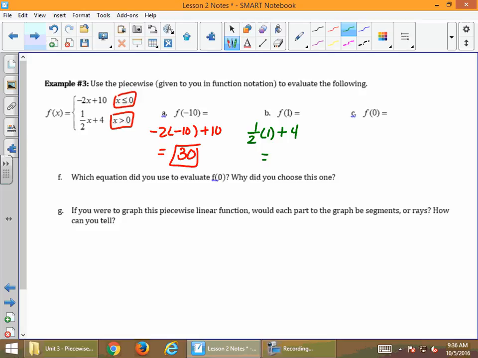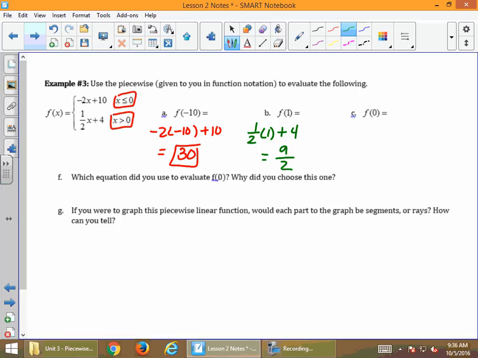Leave it as an improper fraction. What do we get? Put that as an improper fraction. 9 over 2. 4.5.